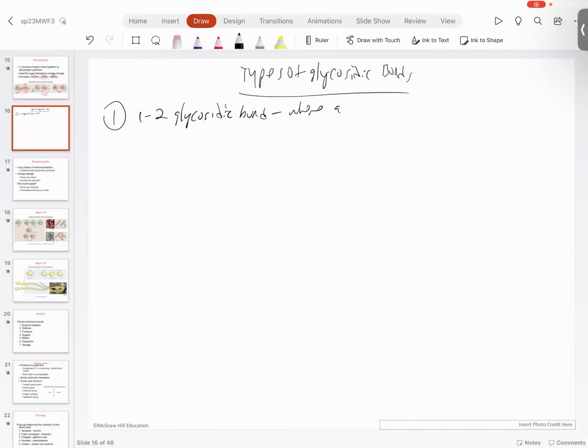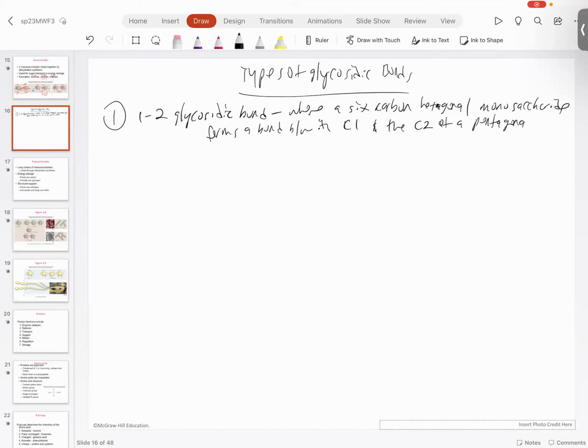This is where a 6-carbon ringed or hexagonal ring forms a bond between its carbon 1 and the carbon 2 of a pentagonal monosaccharide.